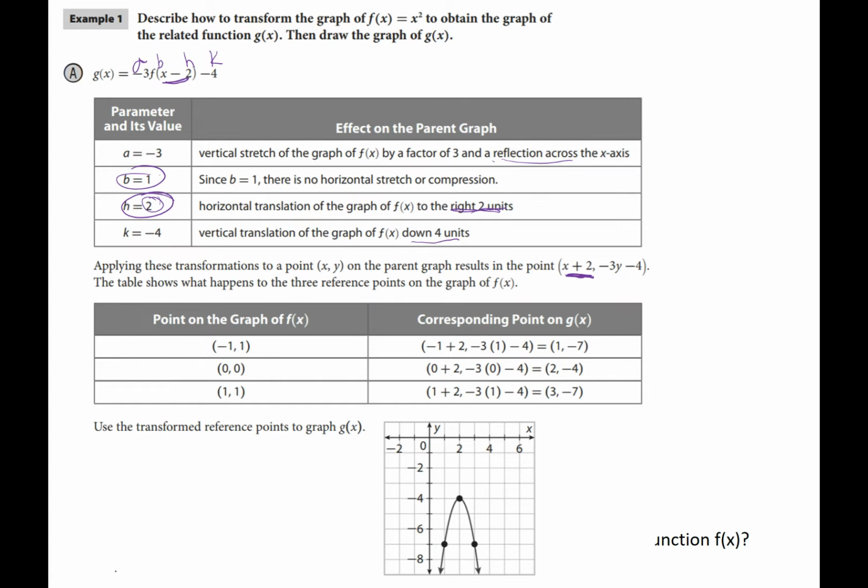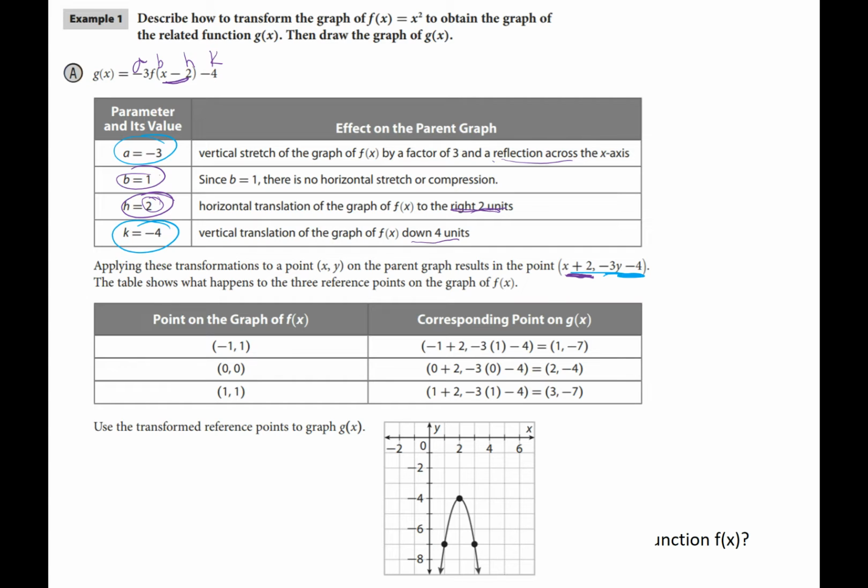Then the y value is affected by the a and the k. So the a would be a multiplied thing because it's a vertical stretch. So we would multiply the y by -3. And then to do the vertical translation down, we would subtract 4 from it. So that's where they're getting those little formulas from.